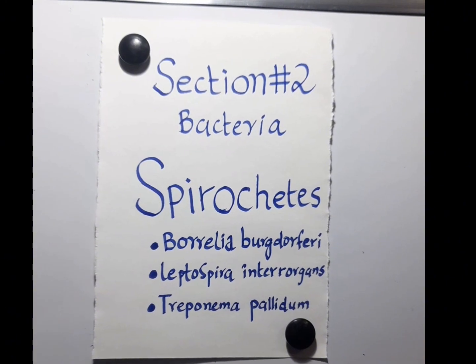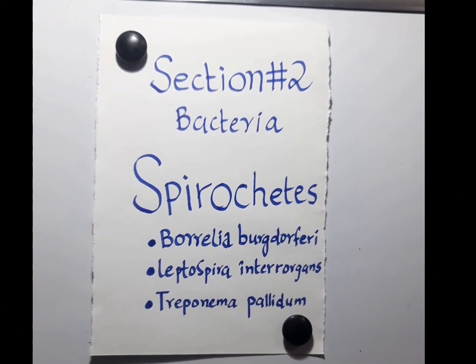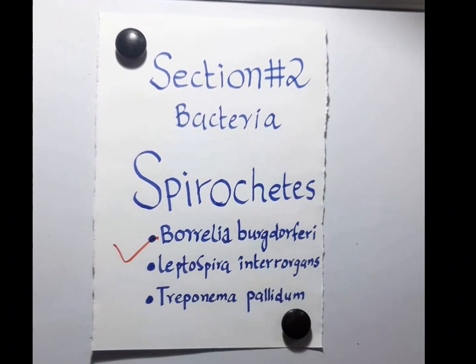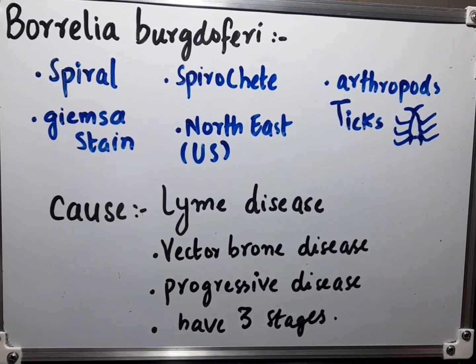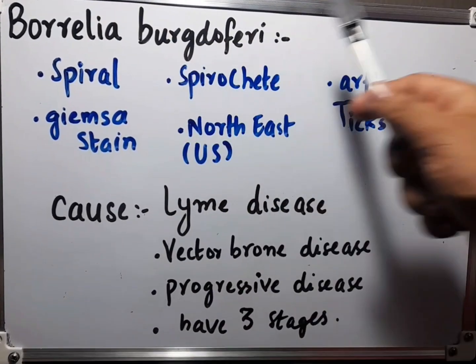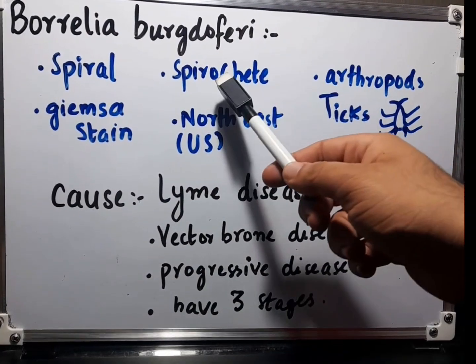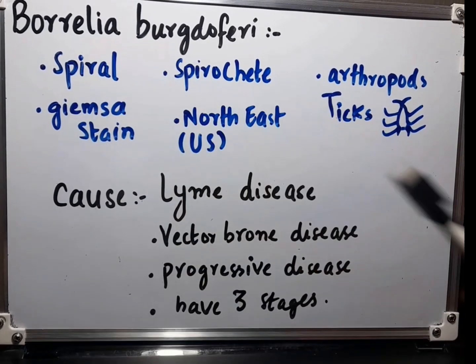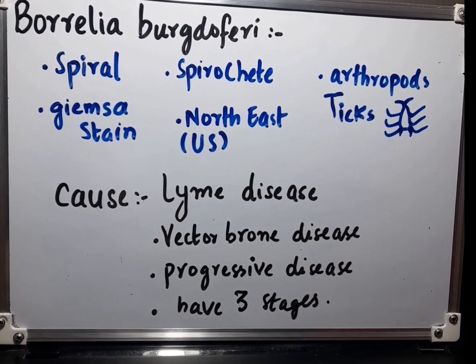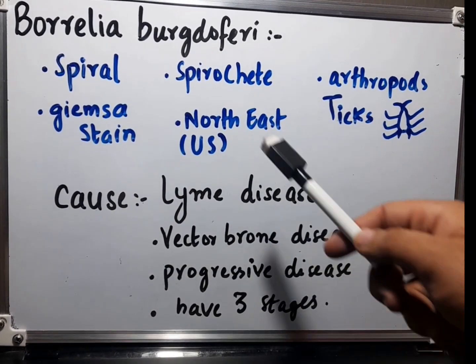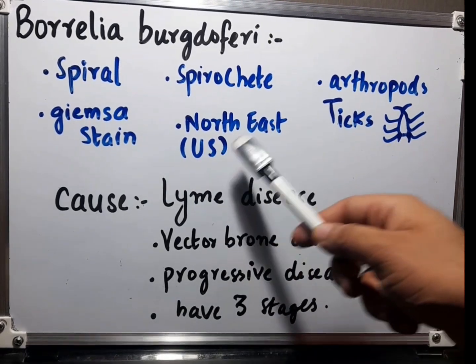Now we will discuss Borrelia burgdorferi, which is a spirochete and is spiral in shape. It can cause Lyme disease, which is most common in the northeast of the United States.